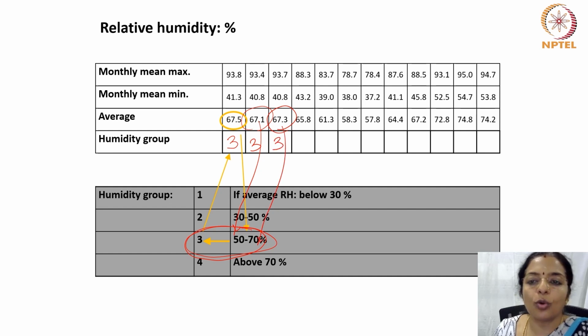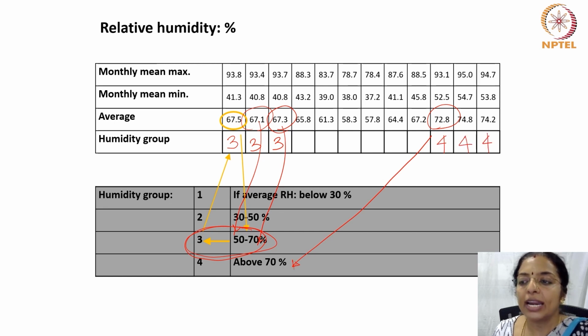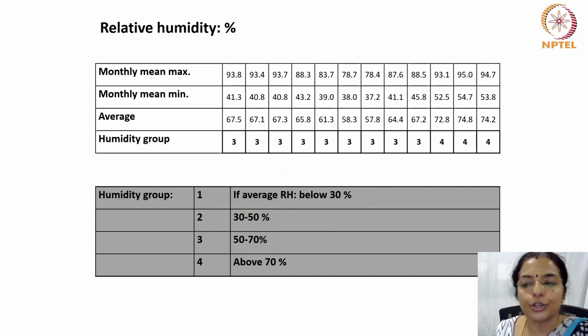And so on and so forth. This is how you will write. Now here you can see above 70. So this will fall under category humidity group 4. Similarly, this is 4 and this is 4. Like this, you will enter the values for each of the month. And this is how your table will look after you enter the humidity group.